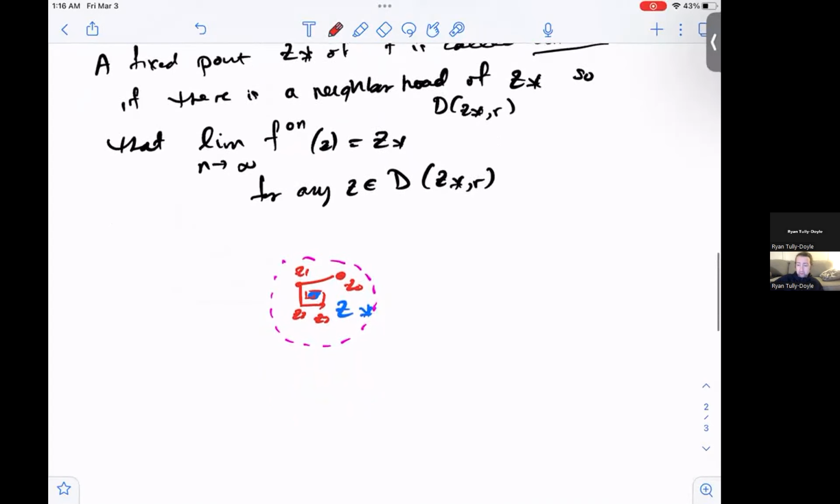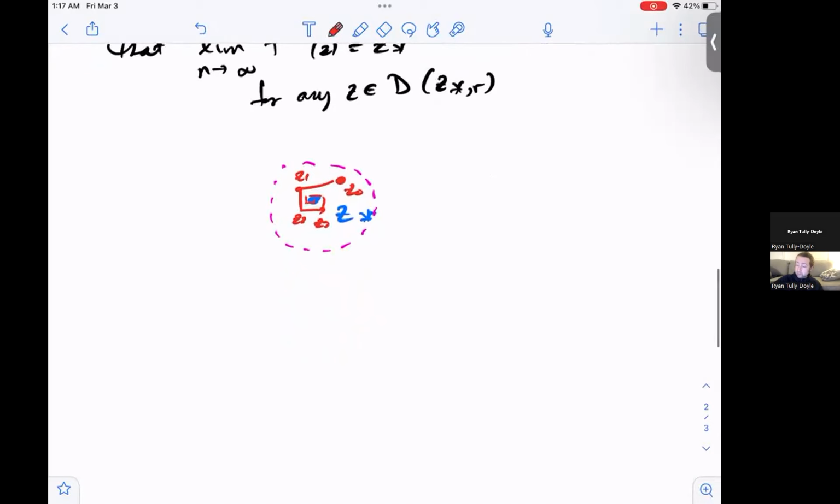And likewise, we're going to define what it means to be an attracting orbit, a periodic orbit, by referring to that interchange between fixed points of a function and periodic points of a smaller function.